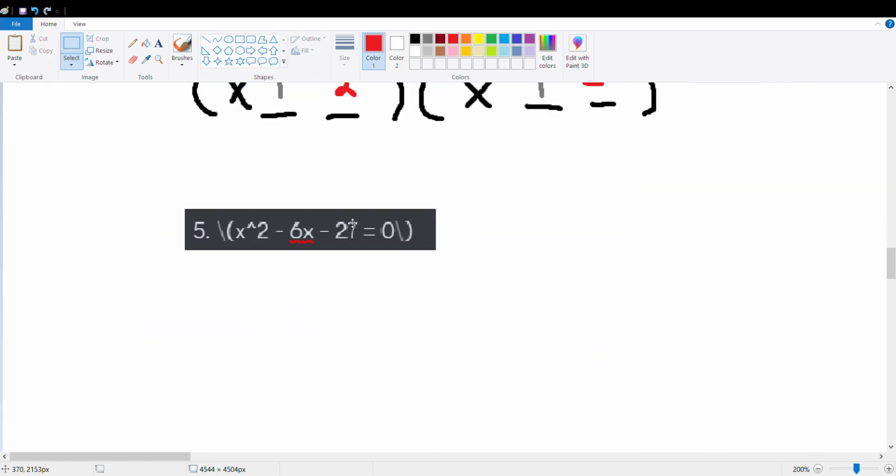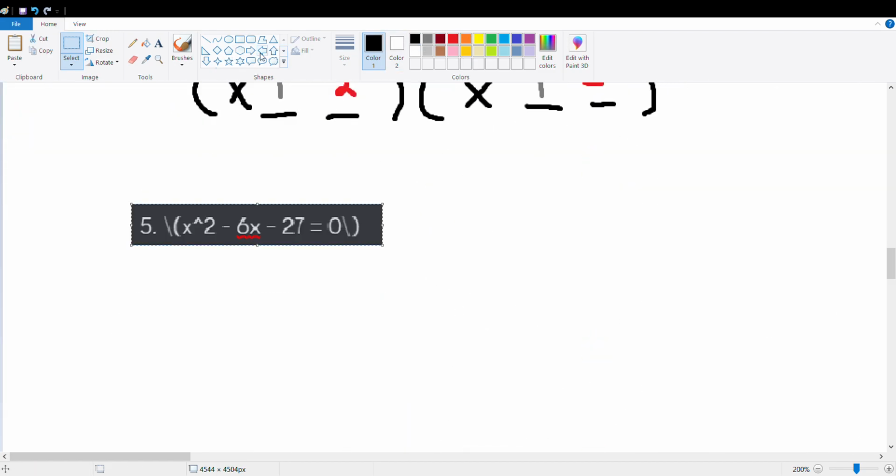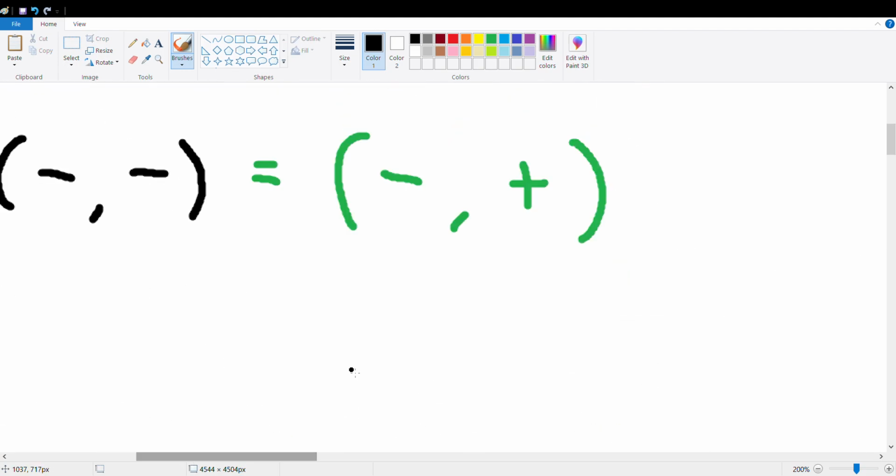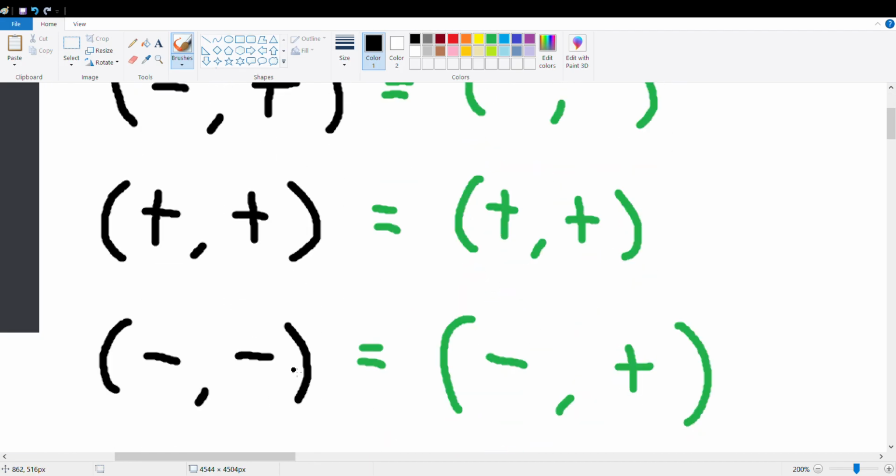Okay, it's a different one now, but we should know. Let's start off with x blank blank, x blank blank. So negative 27 has factors of, let's see here, 9. So 9 times 3 is 27. So negative and negative here. We look at the chart.